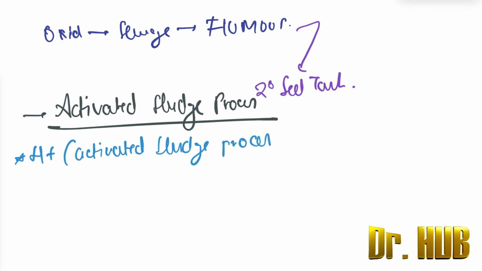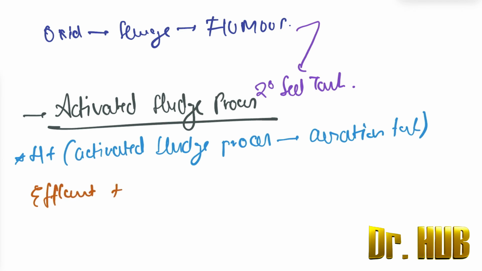In these tanks, the effluent from the primary sedimentation is mixed with the activated or return sludge. So you add the activated or return sludge.